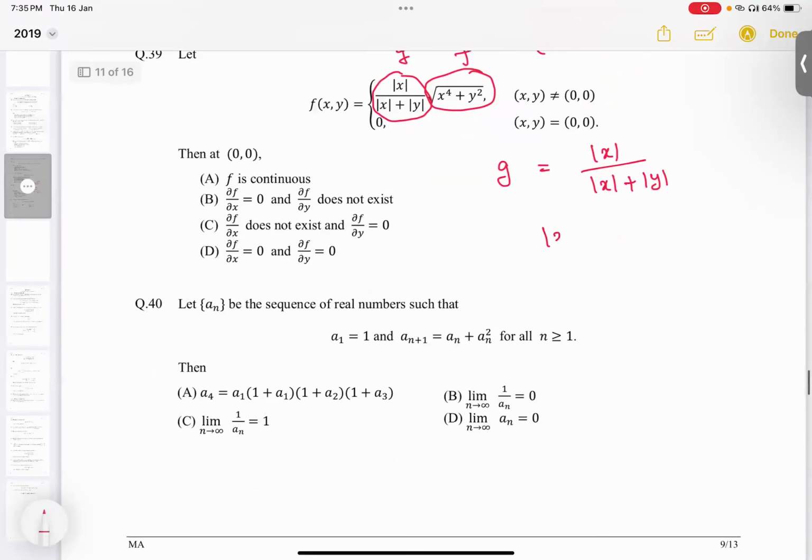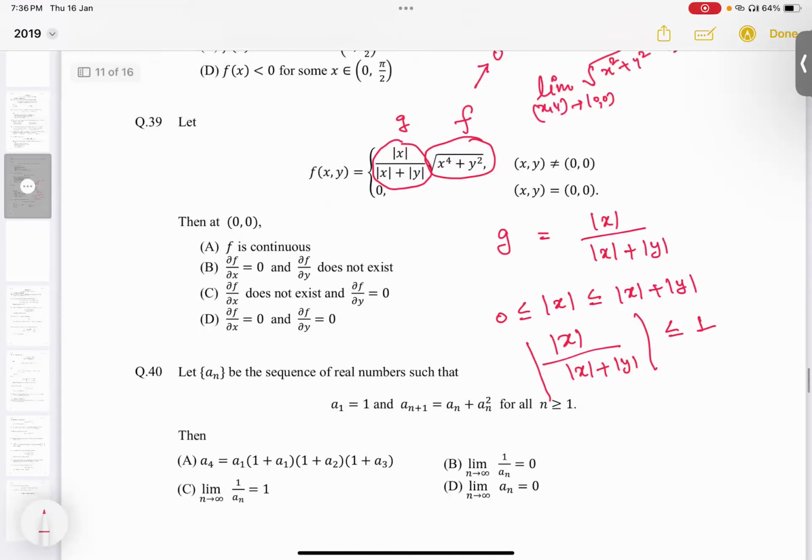So you see, mod x is always less than or equal to mod x plus mod y, right? And mod x and mod y are greater than or equal to 0, and this is a positive function. This function is always less than or equal to 1. So this is a bounded function.